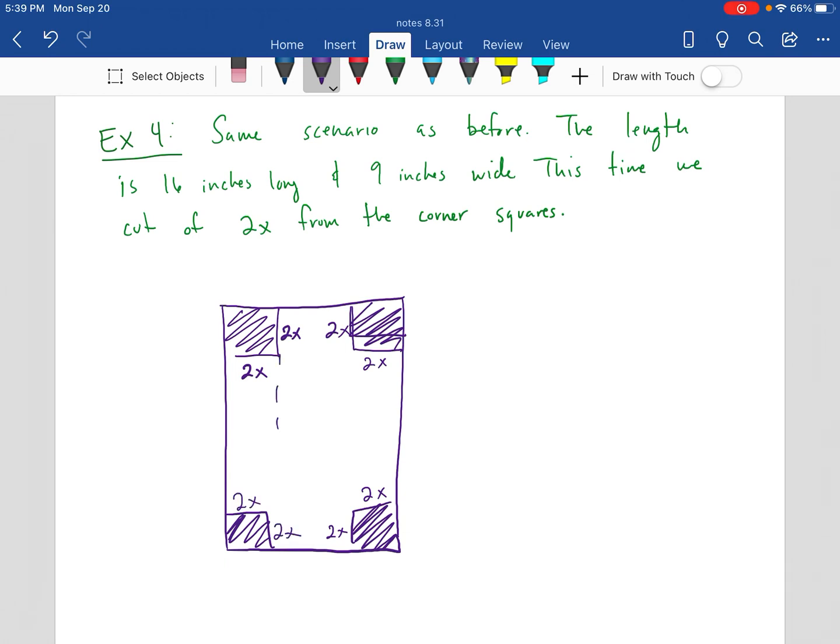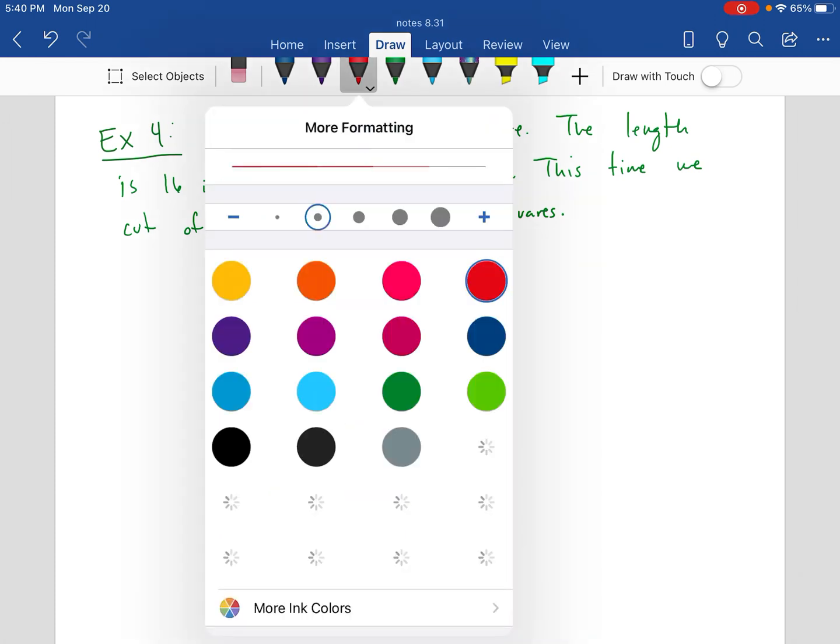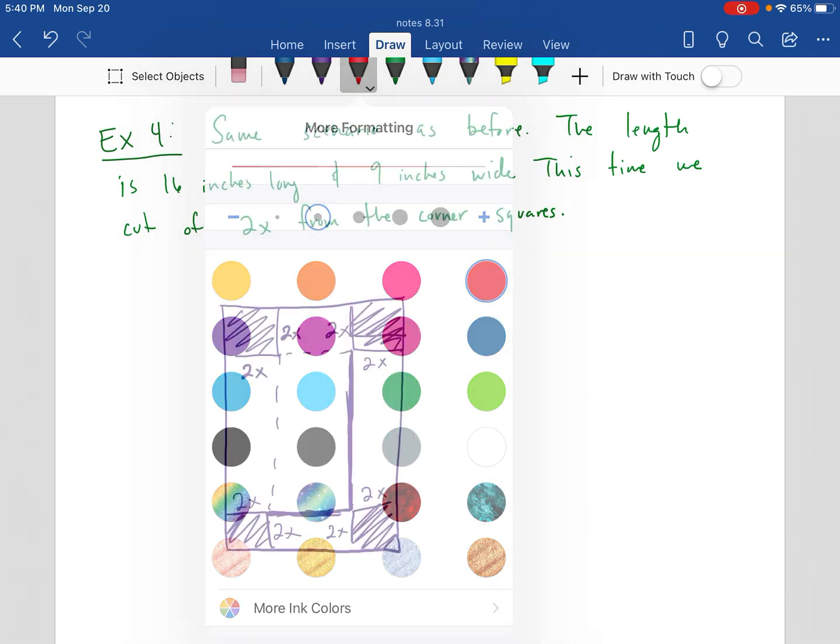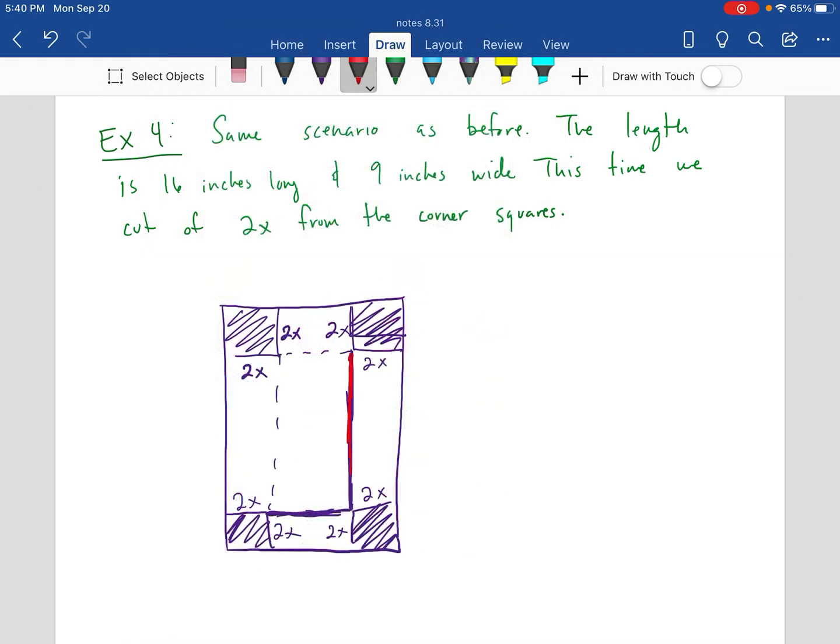So in order for me to figure out the volume of this box, I need to figure out what the width of the dotted line is, and the length. So the width and the length.